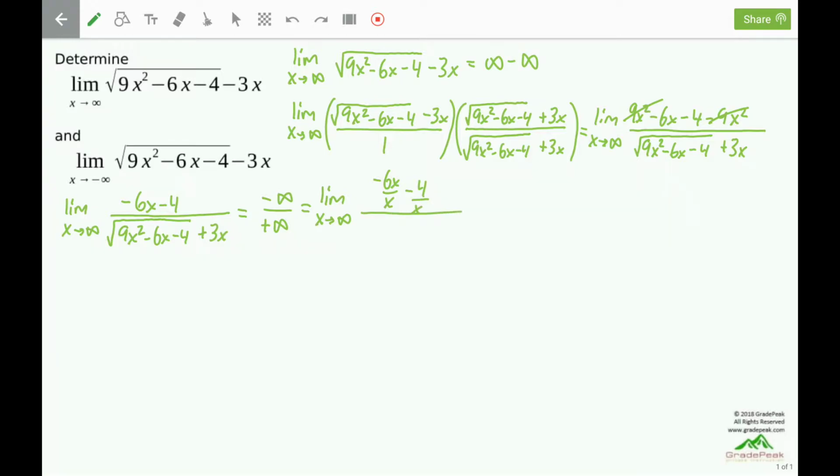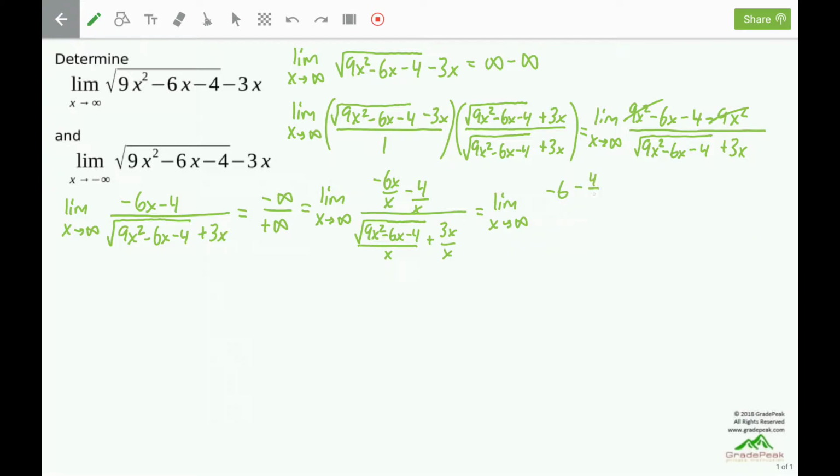In the denominator, the entire root can be put over x to the first power. And the 3x can be put over x to the first power. In the numerator, the first term, the x's will cancel, leaving a negative 6.